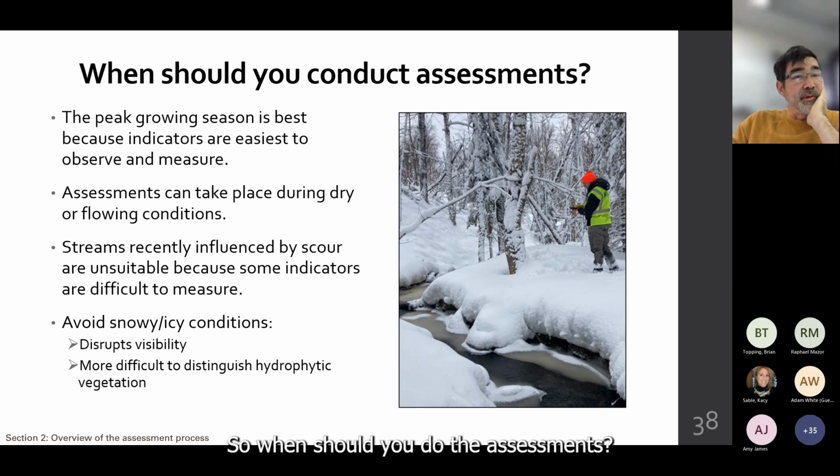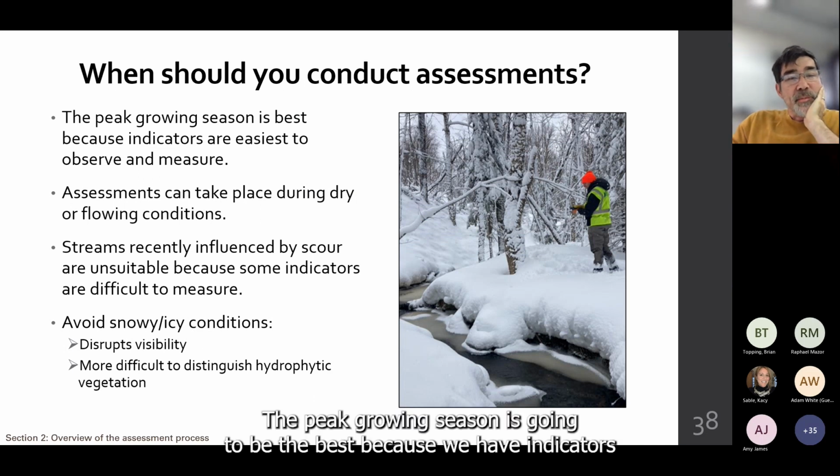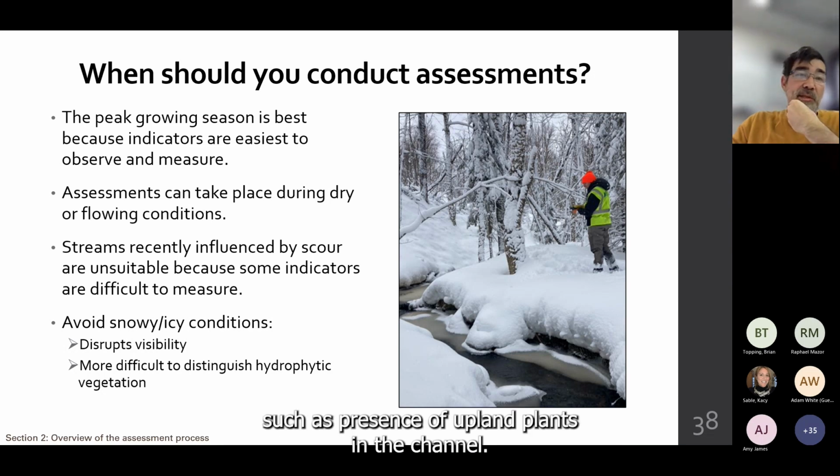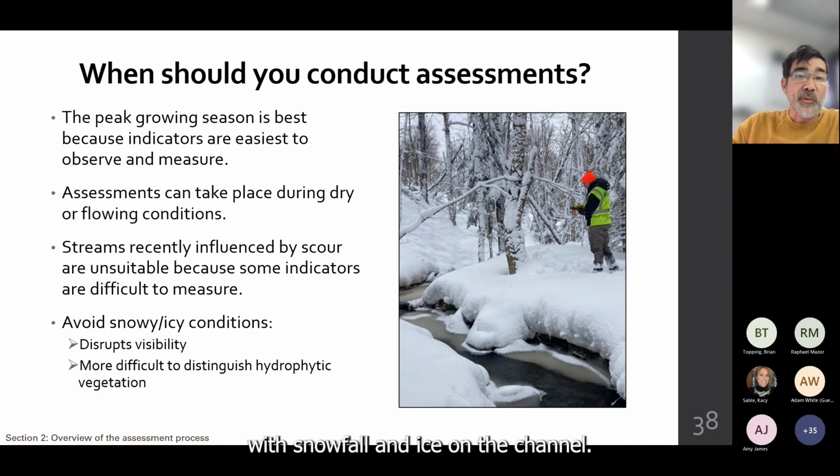So when should you do the assessments? The peak growing season is going to be the best, because we have indicators such as presence of upland plants in the channel. So during the growing season might be ideal, as opposed to the scene shown in this photo with snowfall and ice on the channel.